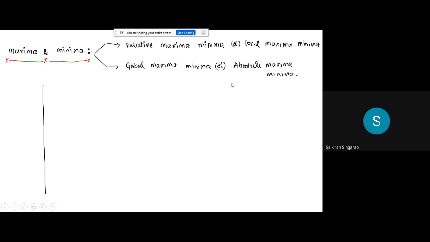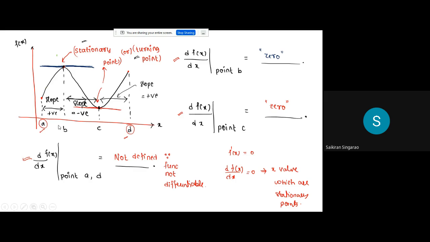Anybody? Someone told it is maxima, right?